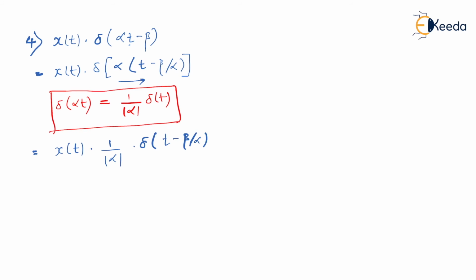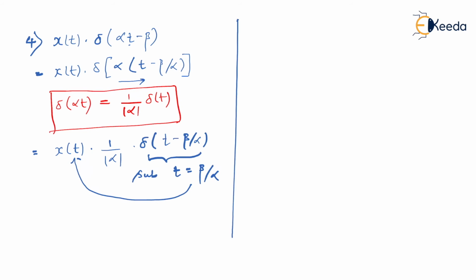Finally, this is the impulse signal present at t equal to beta by alpha. So we are going to substitute t equal to beta by alpha in the argument of x of t. Now I can write x of beta by alpha dot del of t minus beta by alpha, and 1 upon mod of alpha I can write over here because this is ultimately a constant only.